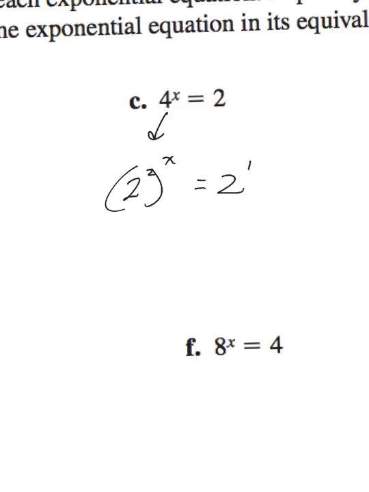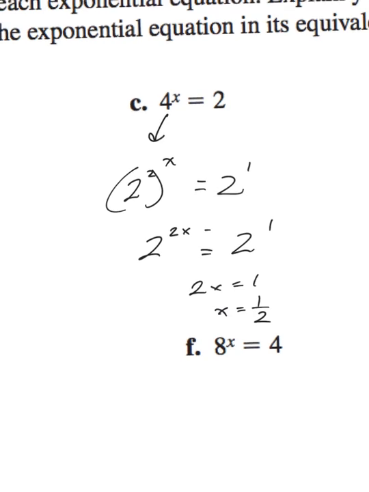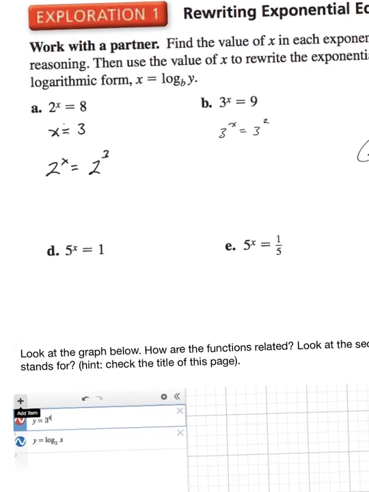I'm doing it the long way, obviously, right? So this would be 2 to the 2x equals 2 to the 1 power, and from there we get 2x equals 1, and from there you guys are right, you get x equals 1/2. So two different ways of doing it. I like the way you guys just figured it out in your head. That's pretty cool.